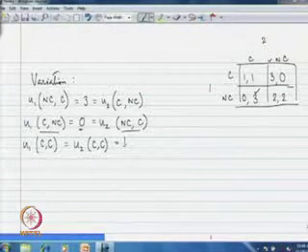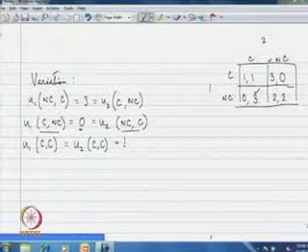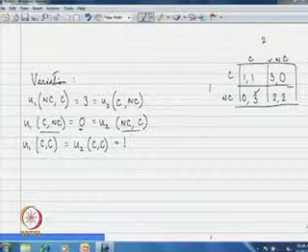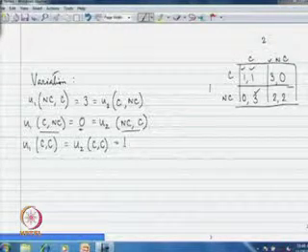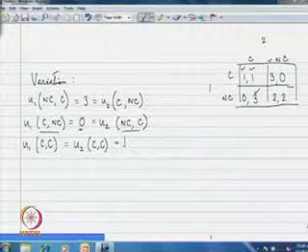These are the symmetric cases. When CC is played, that is both the players are confessing, then each player gets the same payoff, which is 1 in the original game, and which remains the same in the variation also.